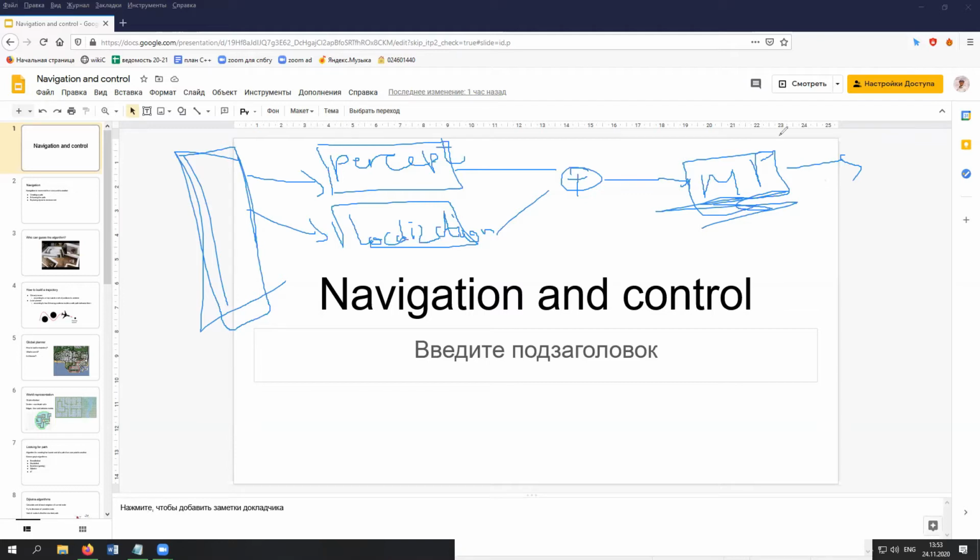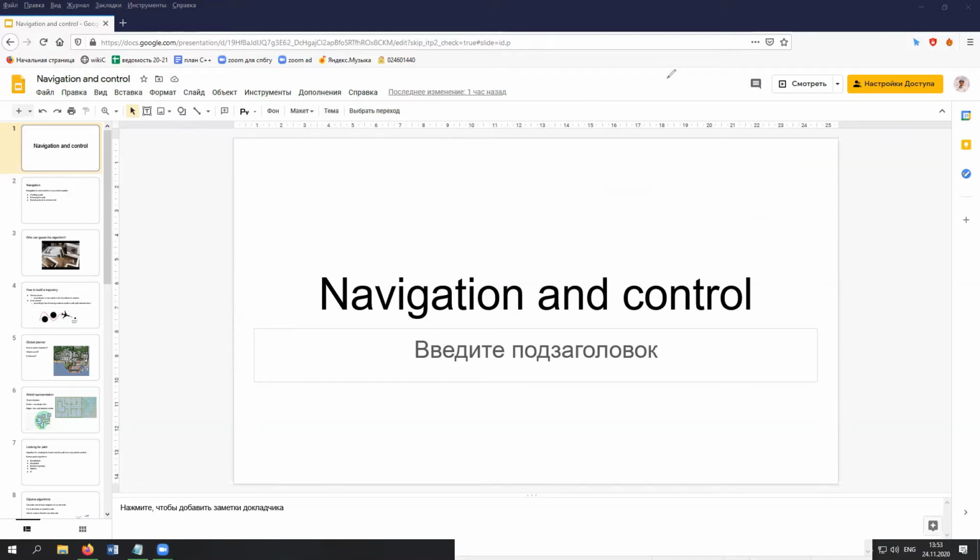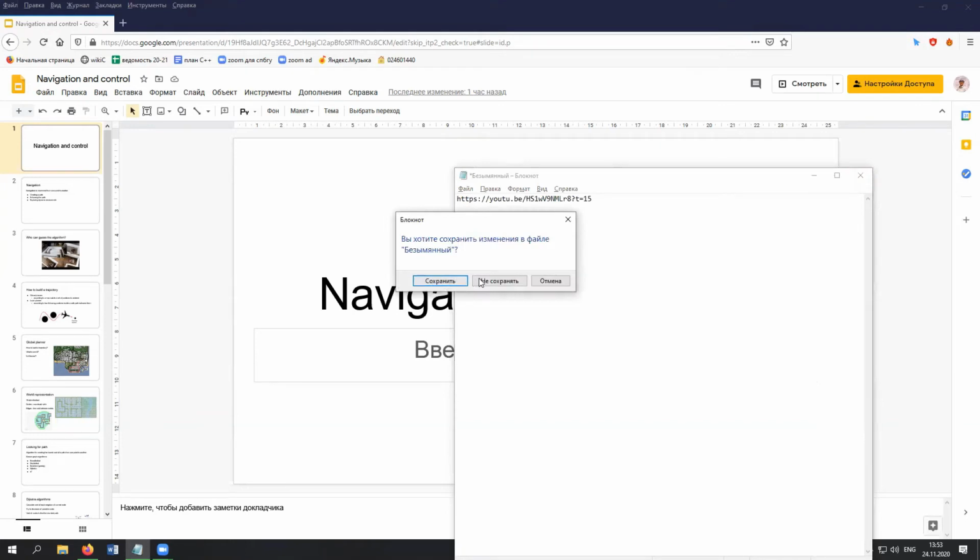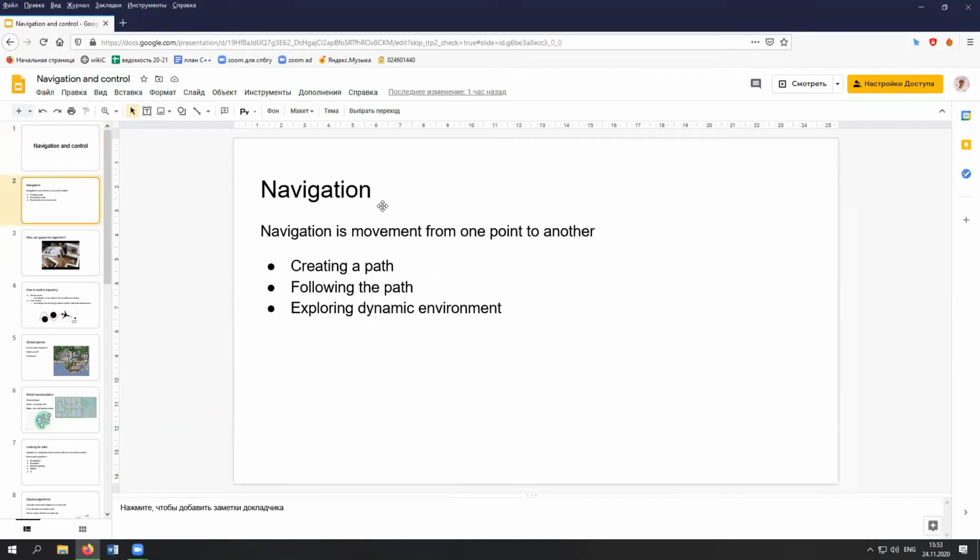But today we will describe the control and navigation part, planning and so on. Okay, what's the process of this mysterious part that's called navigation?